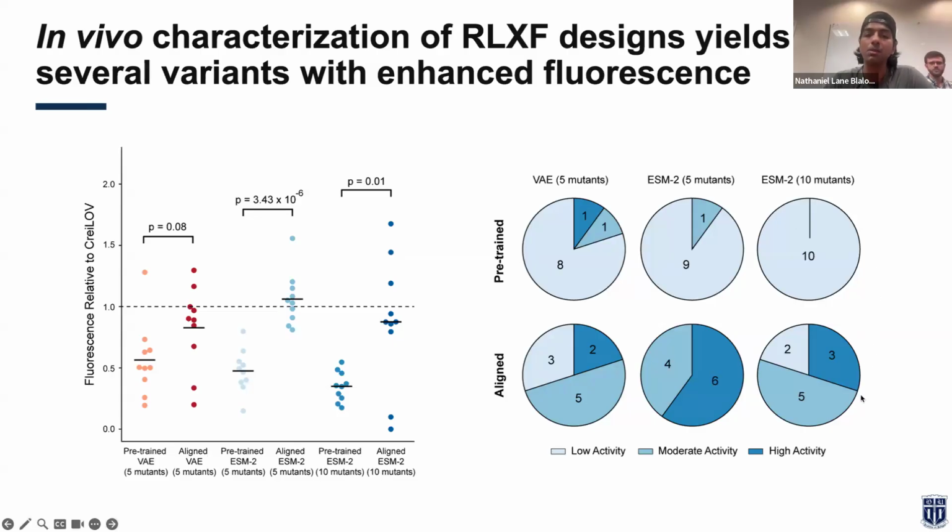Even when you get out to 10 mutations, you still have a hit rate of around 30% for greater than wild type sequences, and in total, 80% of moderate to high activity designs, which is super encouraging, and hopefully it makes this method pretty accessible in terms of the funding that you have available to you in terms of designs, because as I'm sure many of you know, it is quite expensive to order so many designs if you're not assembling those libraries by hand.